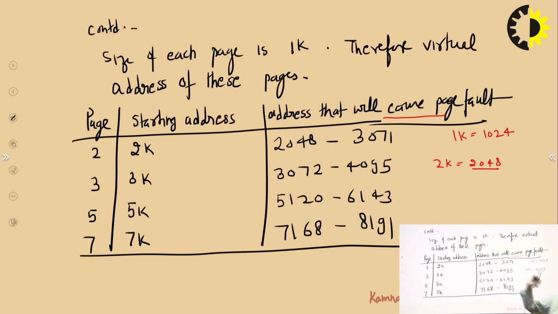So the last address of this range, you have to add 1023. Why am I not writing 1024? Suppose there are 60 students in your class, and roll number 1 is occupied first. So what is the last student's roll number?